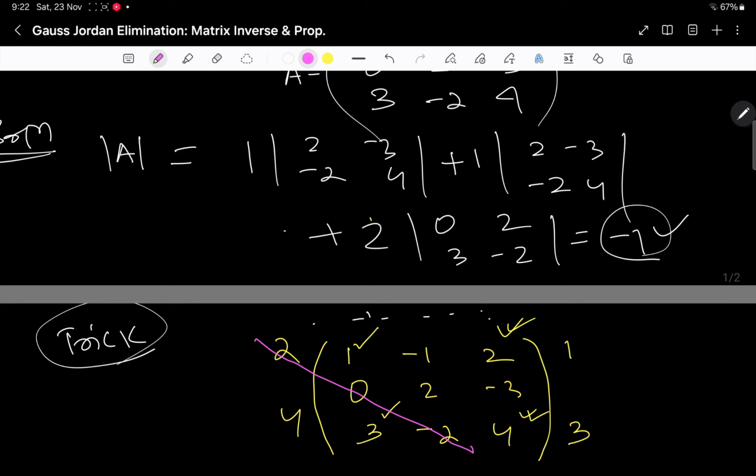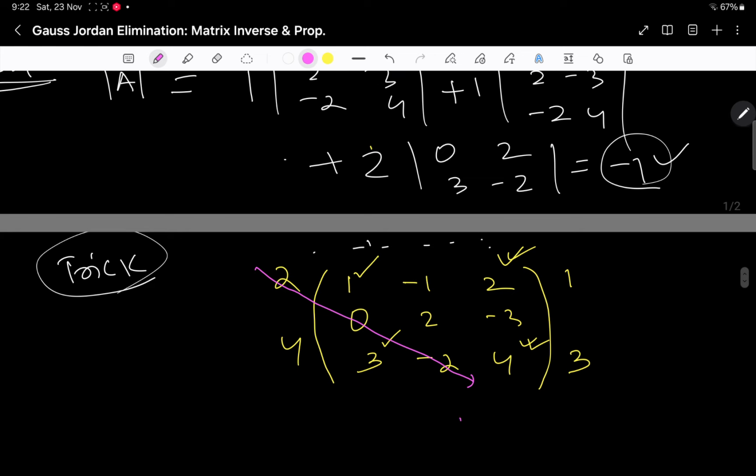This is here 0. What is the determinant now? If you multiply this 0, then this will be plus 8, then this will be plus 9.